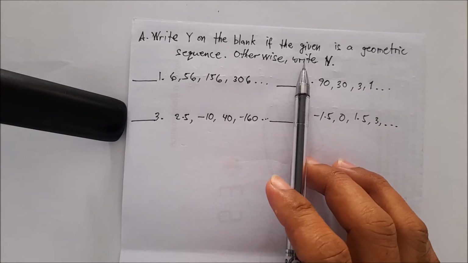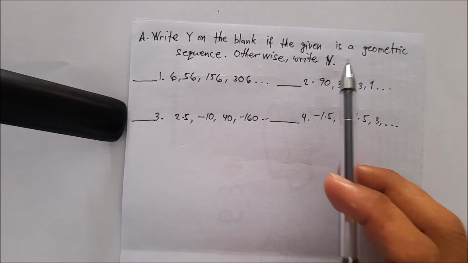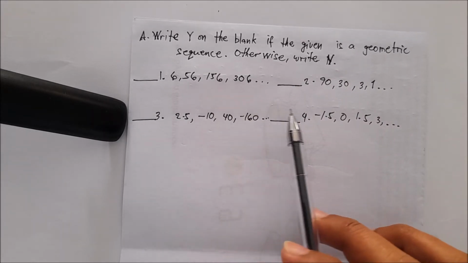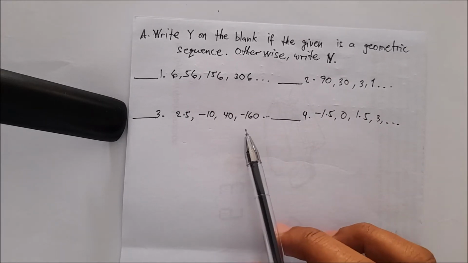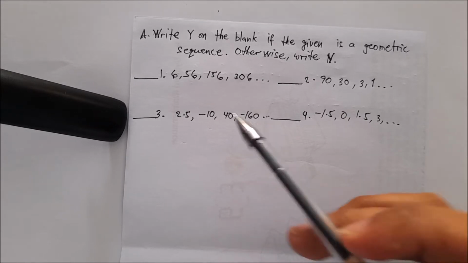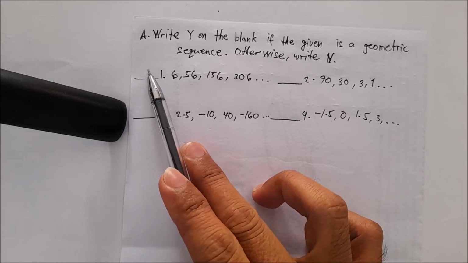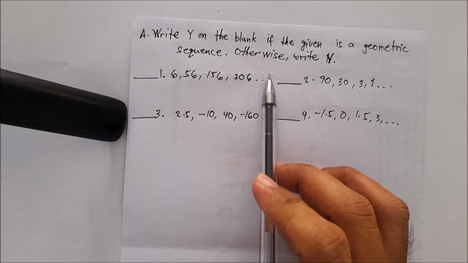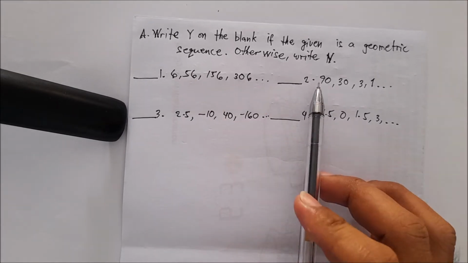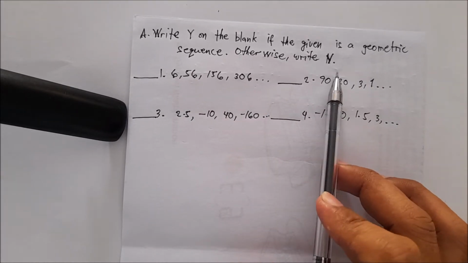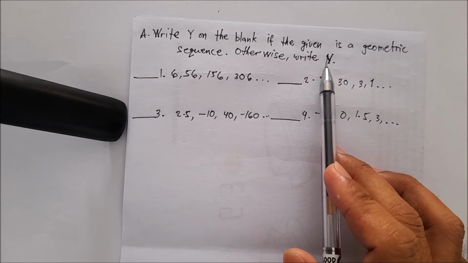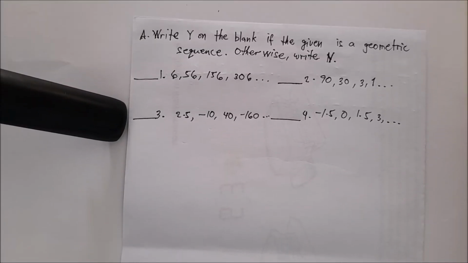Otherwise, write N. I prepared 4 questions, and you need to write Y if the series is a geometric sequence. If the series is not a geometric sequence, you write N. I will show you how to solve and to determine the geometric sequence.